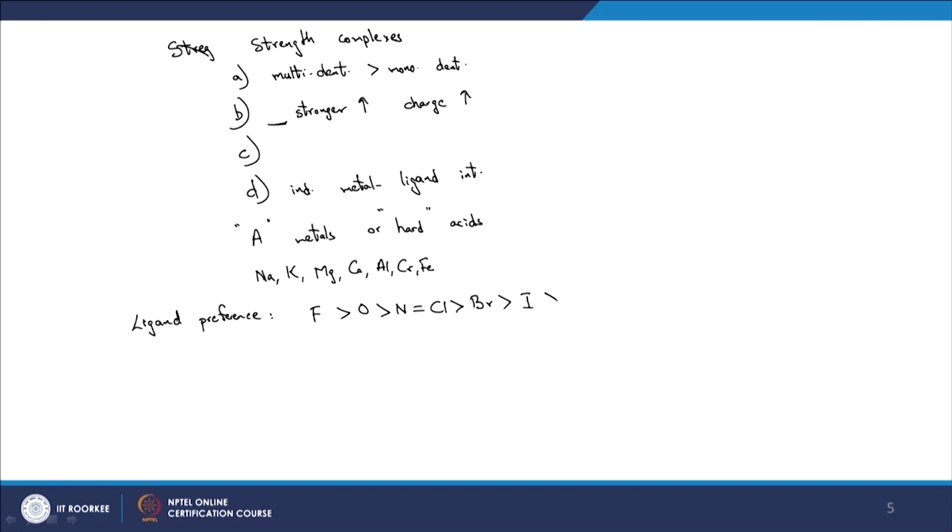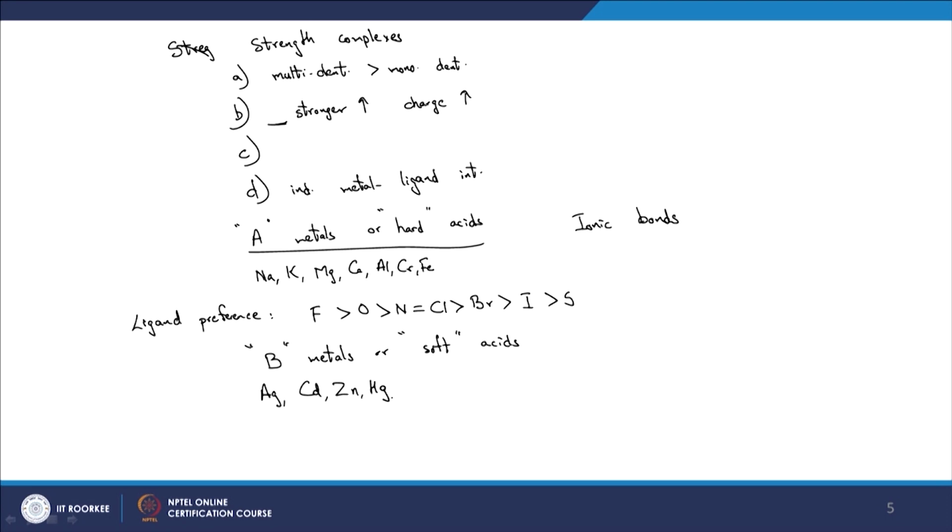And obviously the second aspect, here we looked at A metals or hard acids. Then we are going to look at B metals or soft acids, right. And what are we referring to? We are referring to Ag, Cd, Zn, Hg, Pb, that is, mercury, lead, zinc, cadmium, silver.